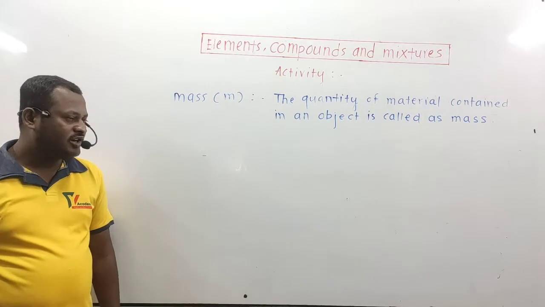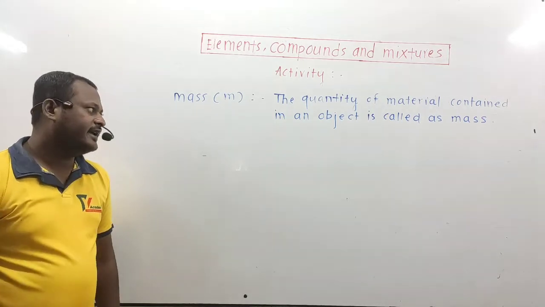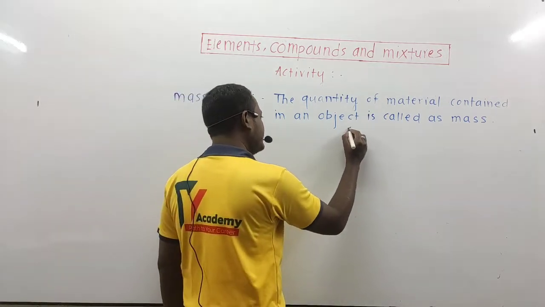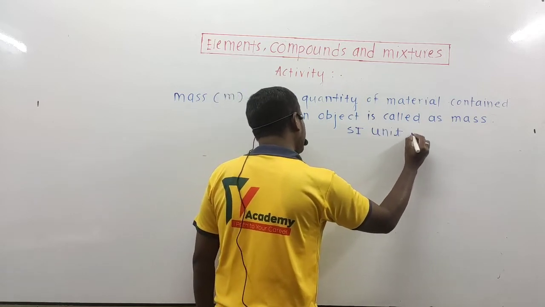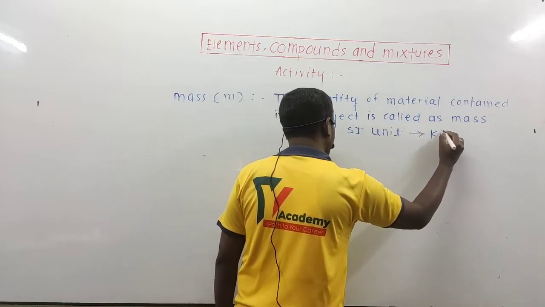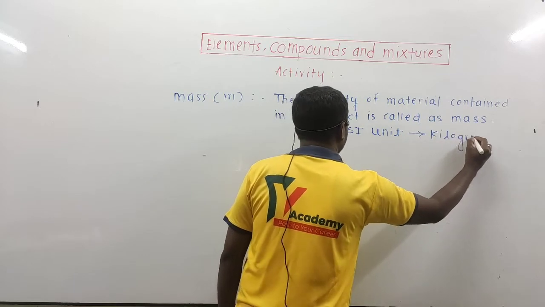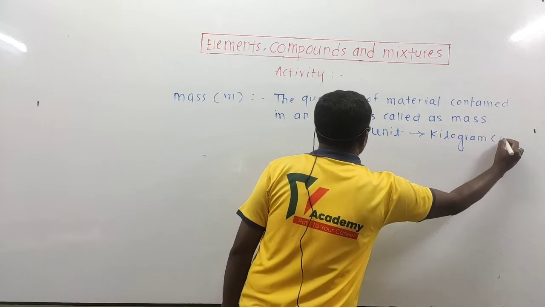It is denoted by letter M, and the SI unit of mass is kilogram, that is kg.